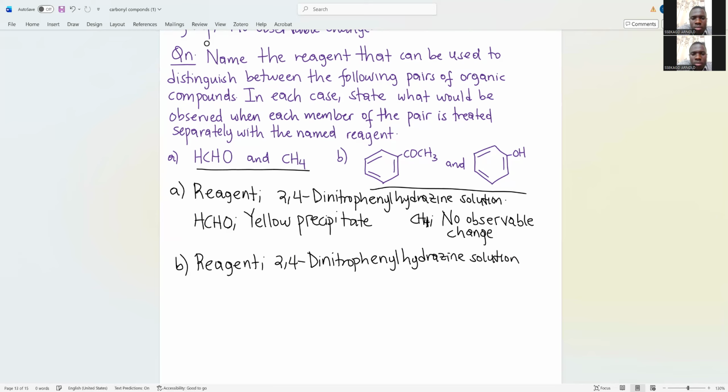In this case, our carbonyl compound is phenylethanone, the one that gives a positive test.